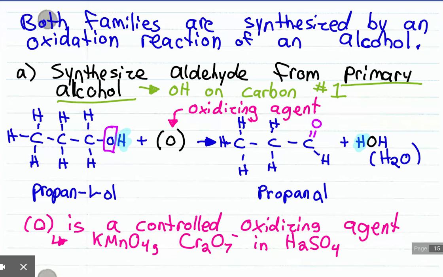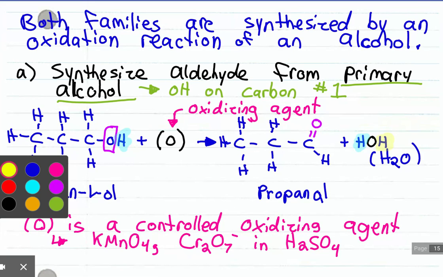Okay, so the O of this water is going to come from right here. And the other hydrogen from the water is going to come from right here. So maybe I'll actually highlight that for you. So this hydrogen is going to come from either one of these.